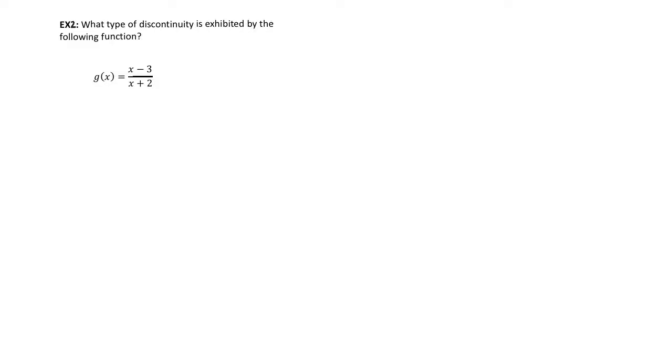So let's start. Let's look at g of x. It has a numerator, which is a line, and a denominator, which is a line. Lines are beautiful. They have no holes, no jumps, nothing like that. The only thing here is that they are expressed as a fraction. I have a numerator and a denominator. So if x is -2, the denominator is going to be 0.